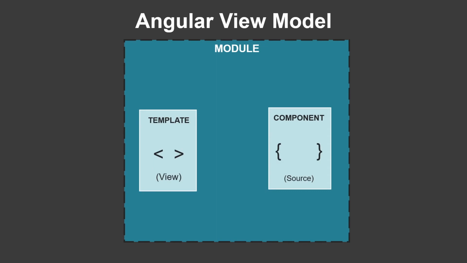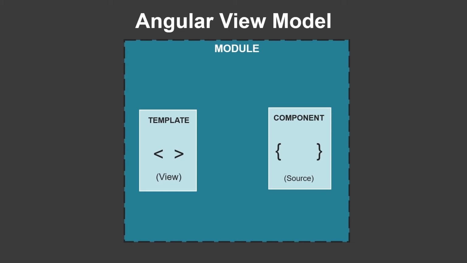The template is considered the view where you see the things in the browser, and then the component is the source, or what we call the business logic. So if you think about the MVC paradigm, you should understand this really well, right? So the view and the model and the source, right? The model is not shown here, but the model can be coded within the component or in a separate module. You just basically import them in.